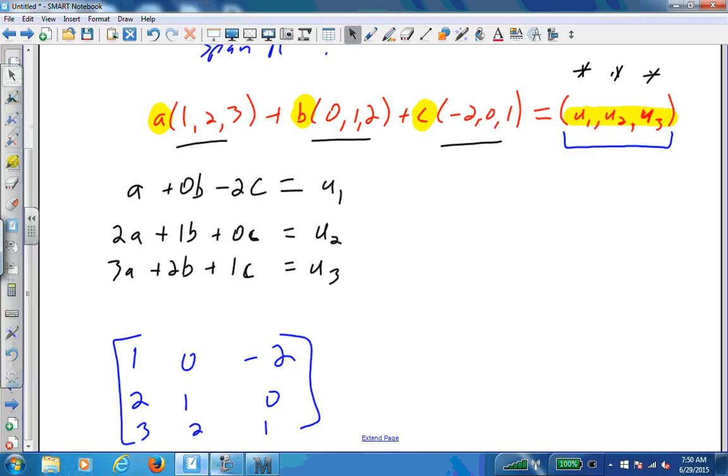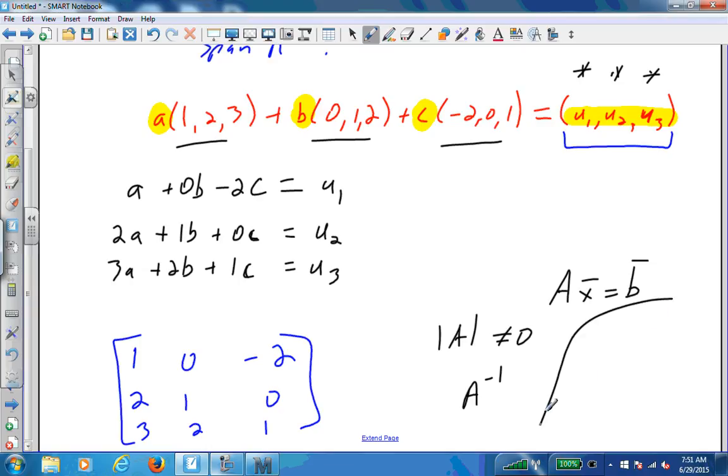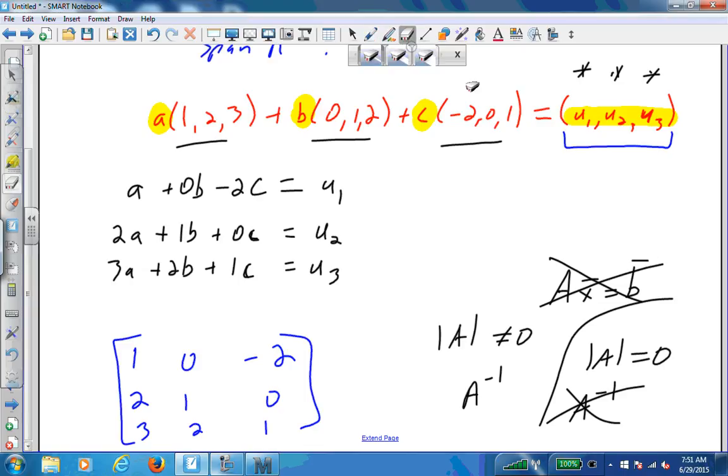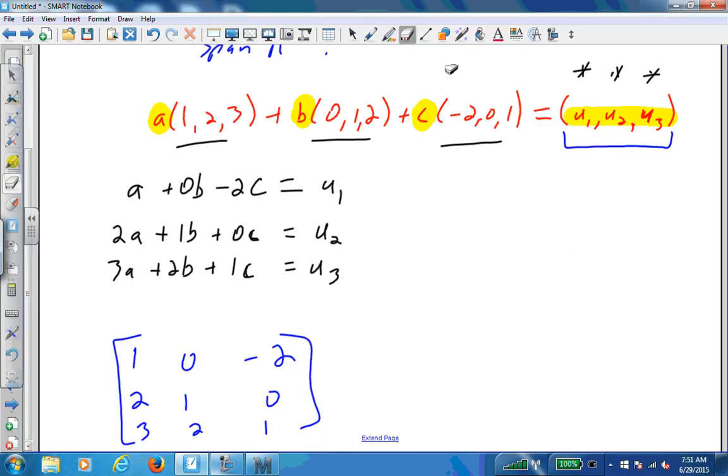Now recall that if the determinant is not 0, that means that A does have an inverse, and if A has an inverse, then there is a solution to the equation AX equals B. On the other hand, if the determinant would have been 0, then there's not an inverse, which means there's not a solution to that. So we found out, hey, there is a solution to AX equals B.